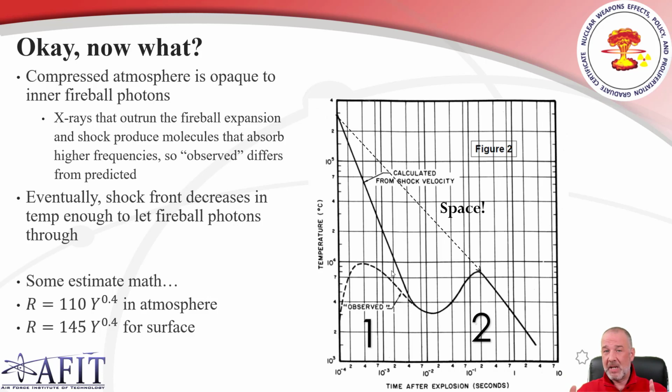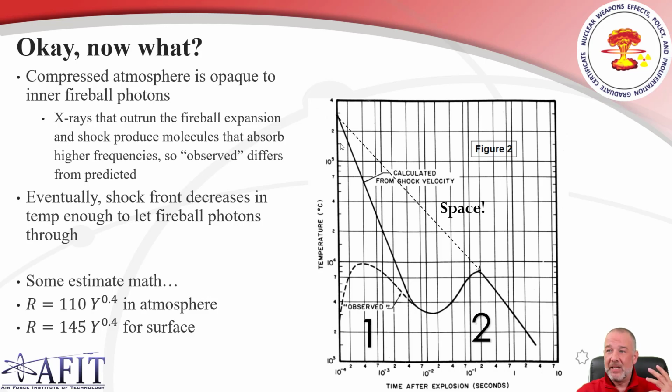And this is kind of important because there's a difference between what we should see based off of math and what we actually see. So let's go ahead and look at our little plot here. And we have this black line. This black line is supposedly the observed temperature that we should see just from shock velocity calculations.